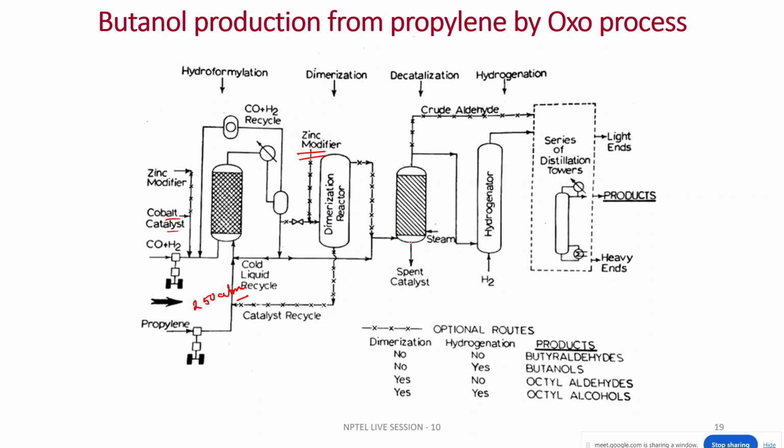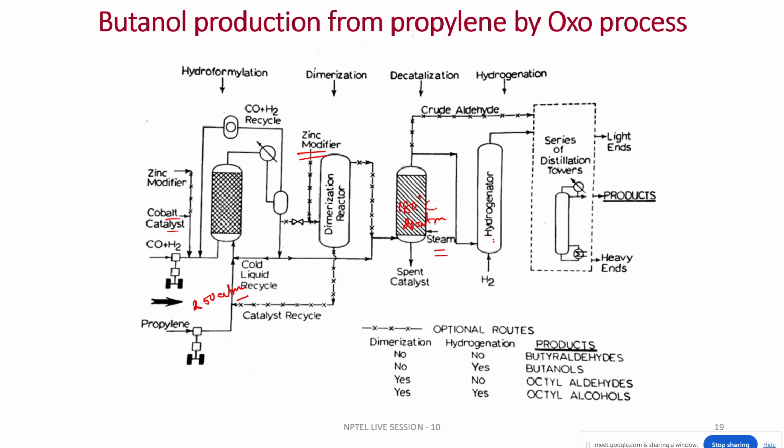Then the product is sent to the liquid fraction, then to the reactor where it is mixed with steam. The temperature is maintained at 180 degrees Celsius and pressure of 2 atmosphere, comparatively low pressure compared to 20 atmosphere, which is comparatively high pressure condition. And then it is decomposed to cobalt carbonyl and naphthenate on the porous cobalt carrier.